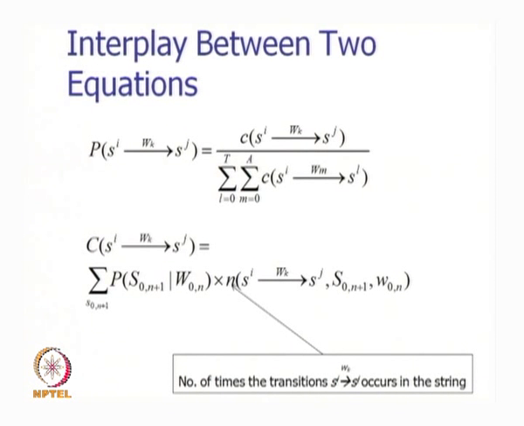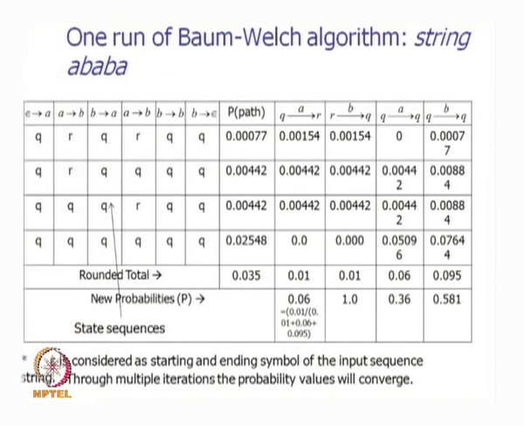This n is the count. Now, we can see the number of times this transition happens, Q to R on A. So, Q to R on A happens here, Q to R on A happens here also, and no more. So, there are two such appearances of Q to R on A.